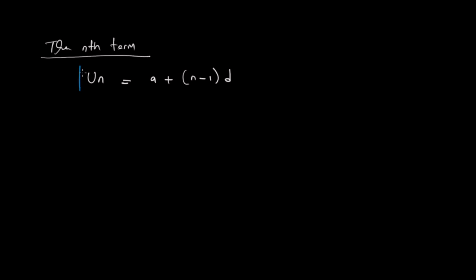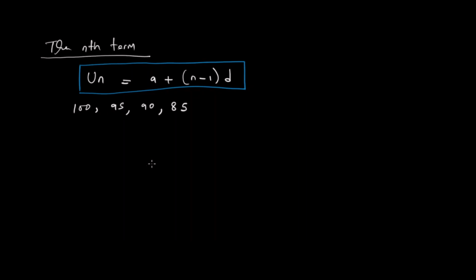This is very important. This is the formula we are going to be using. Remember we use this formula for the nth term in an arithmetic progression. That's very important. So when we say nth term, for example, if we had a sequence like this.